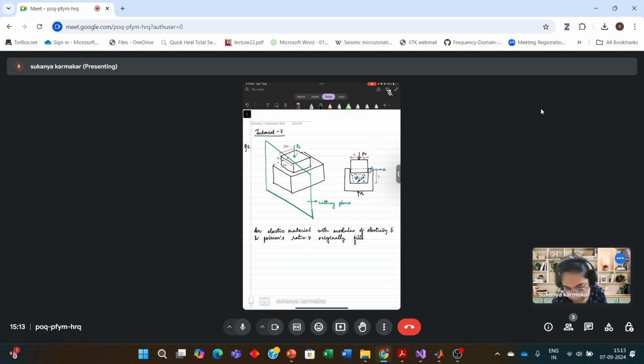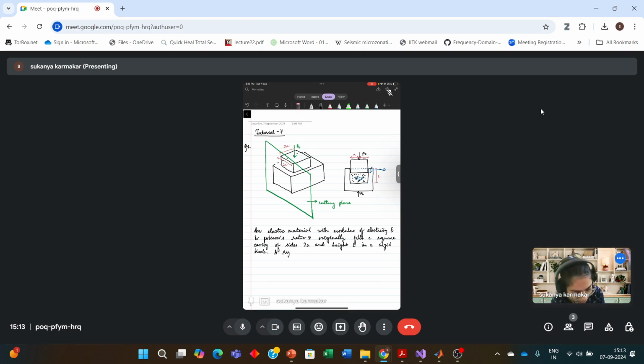Originally it fills a square cavity of side 2a and height L in a rigid block. A rigid cap is placed on top of the elastic material.